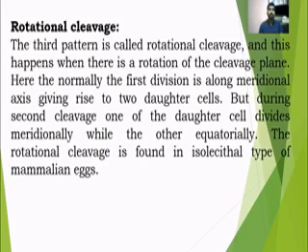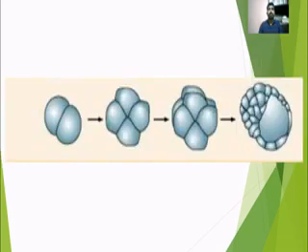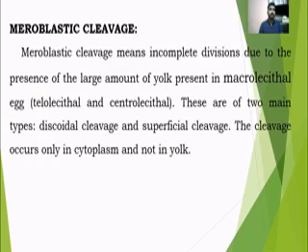Here, normally the first division is along the meridional axis, giving rise to two daughter cells. Okay, but during the second cleavage, one of the daughter cells divides meridionally, while the other divides equatorially. The rotational cleavage is found in the isolecithal type of mammalian egg. Okay, you can observe here such type of rotational cleavages.